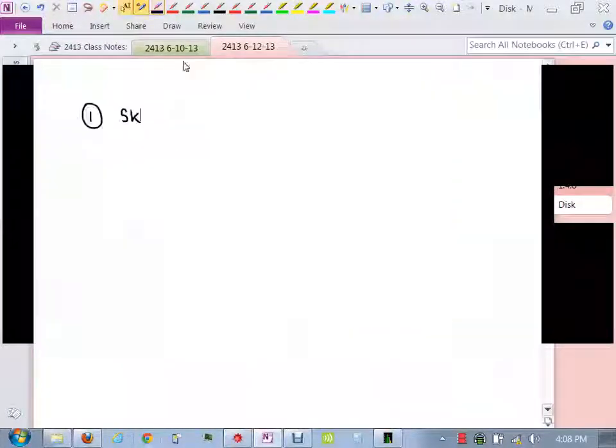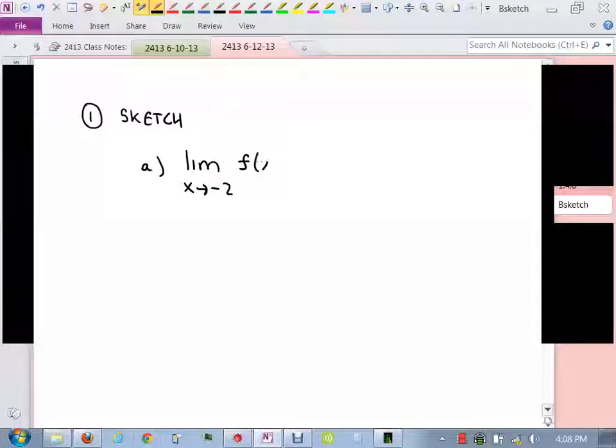Sketch a function that has these properties. A, limit as x approaches -2 of the function equals 1.